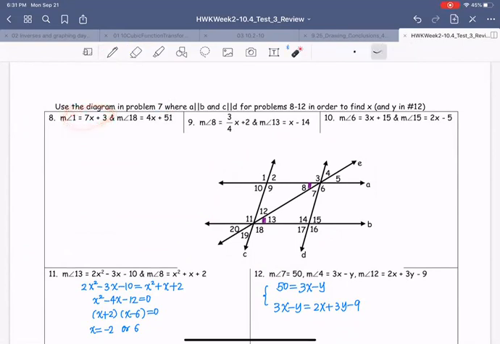Angle 1 is this, and angle 18 is this. So what's the equation you want to list? I could just do angle 1 equals angle 18. Yes. Okay, now solve this one.